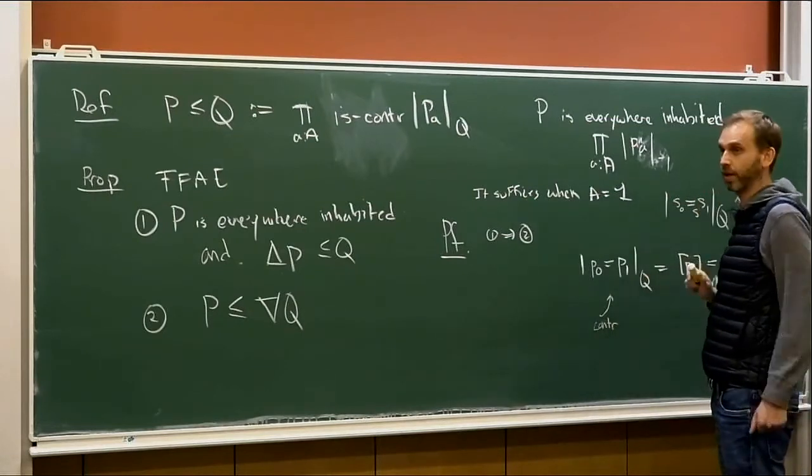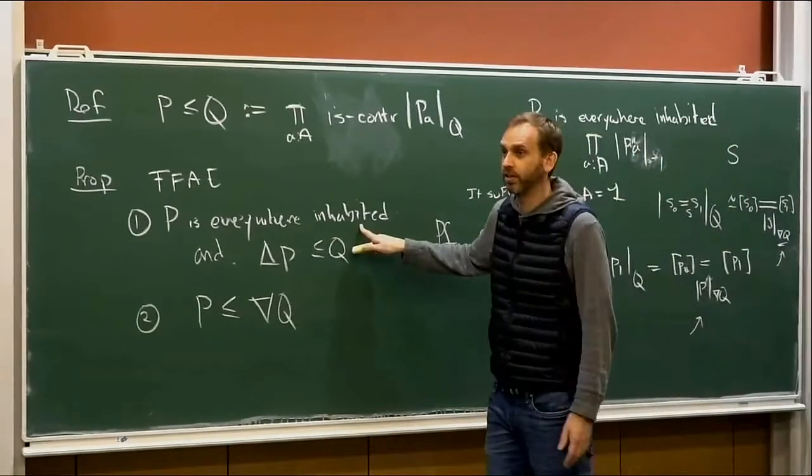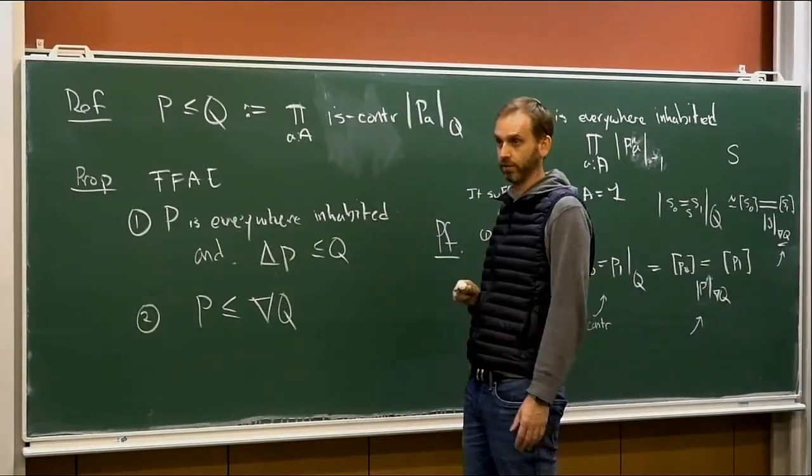The left-hand side is contractible. So the right-hand side is contractible. But the right-hand side being contractible says that the modal reflection of P with respect to the codiagonal of Q is a proposition. Okay, but if it's everywhere inhabited, it's also an inhabited proposition, so it's contractible. So that's where I use my second hypothesis.